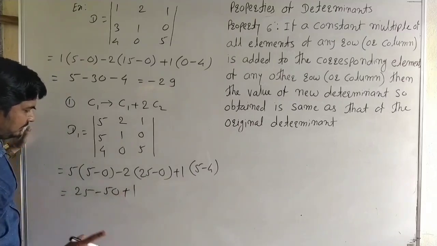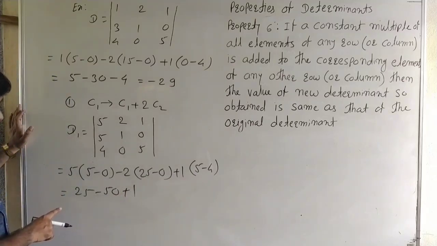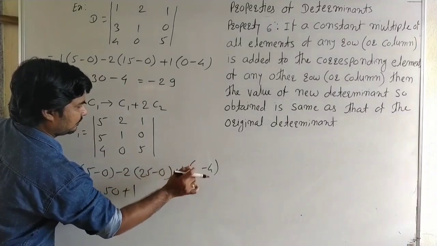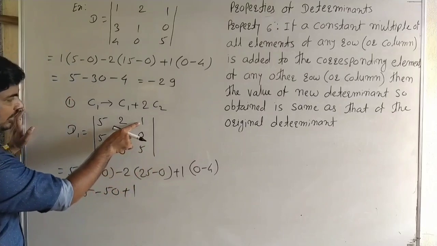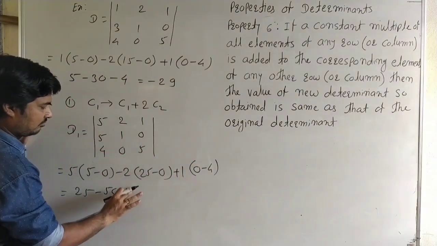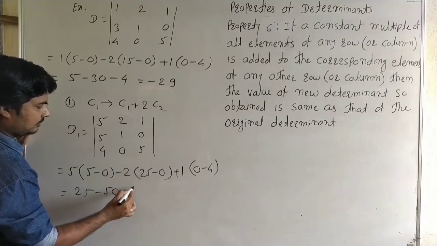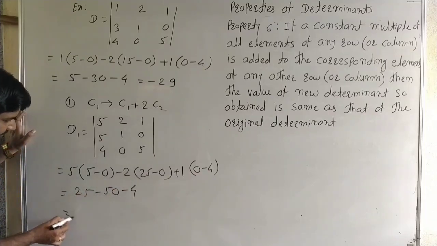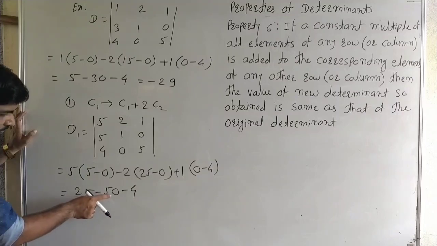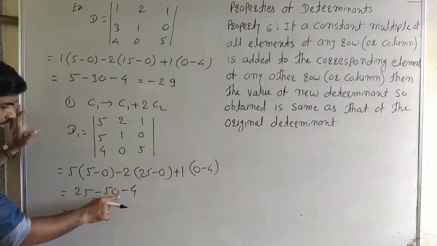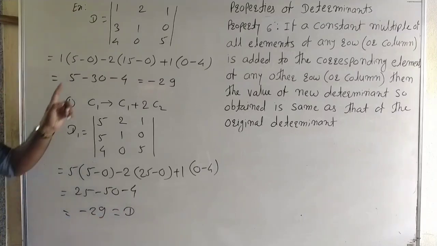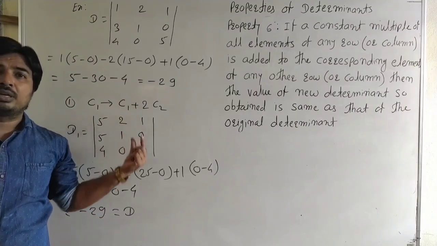Therefore it is plus 1. Now see carefully. Sorry, here it is a 0. See carefully the calculation: 1 into 0 minus 4, 0 minus 4, it is minus 4. Okay, and then it is 25. See carefully, 25 minus 50 is minus 25, and minus 4 is minus 29, and it is the original determinant. Okay, we can perform here the column transformation.